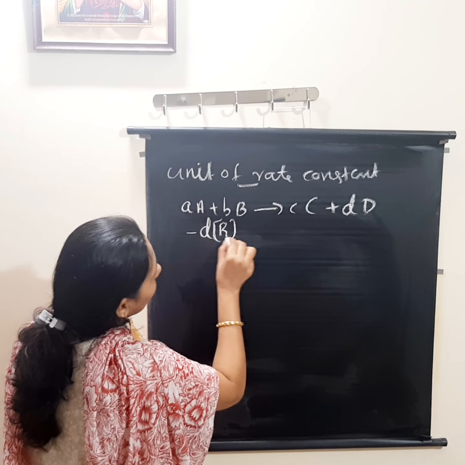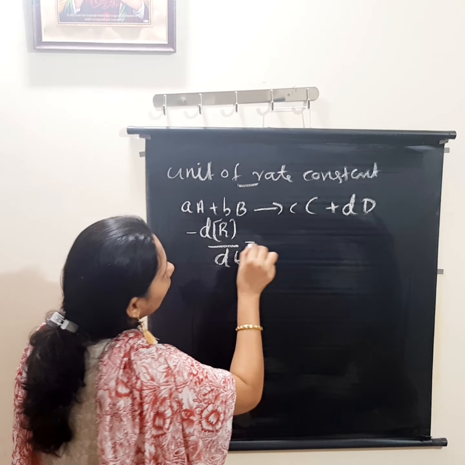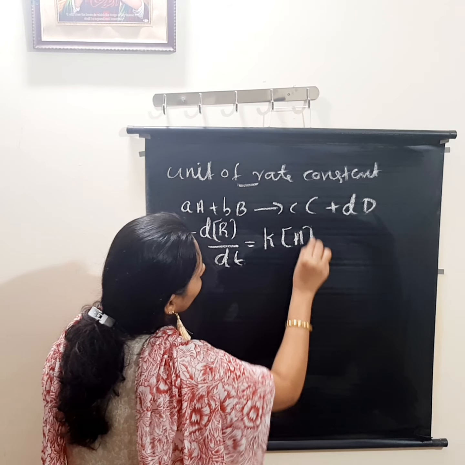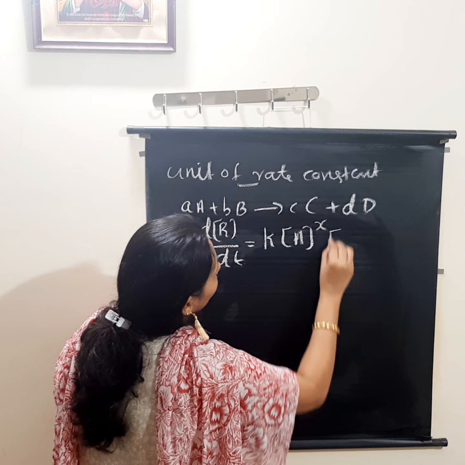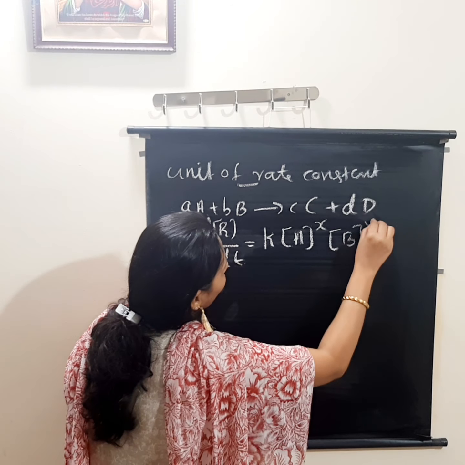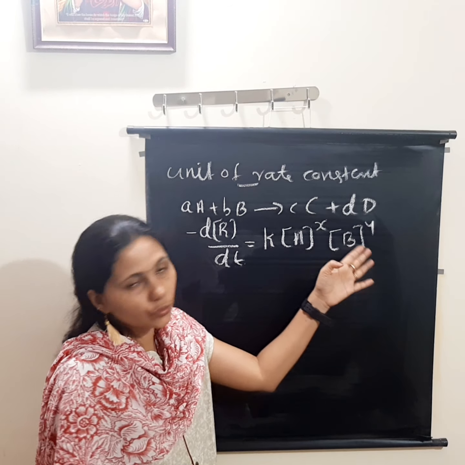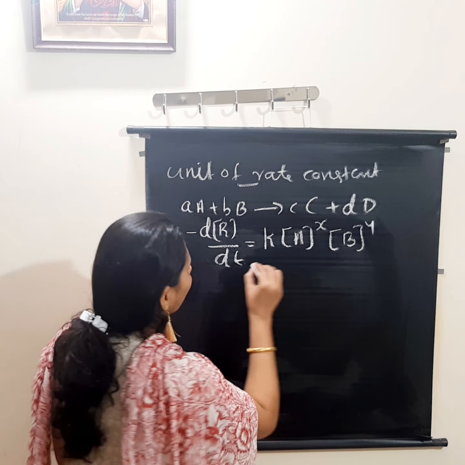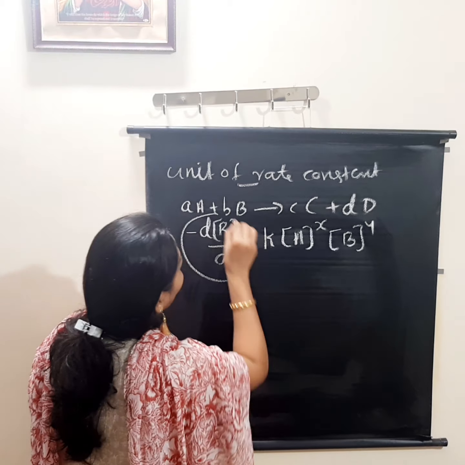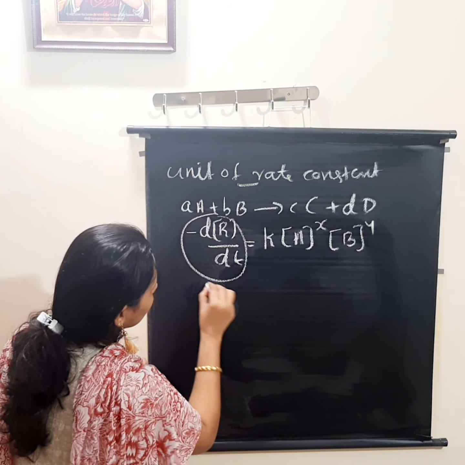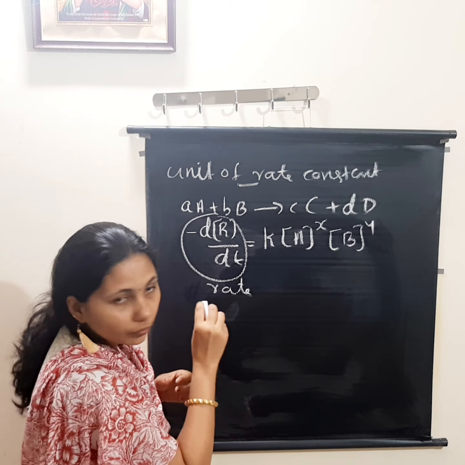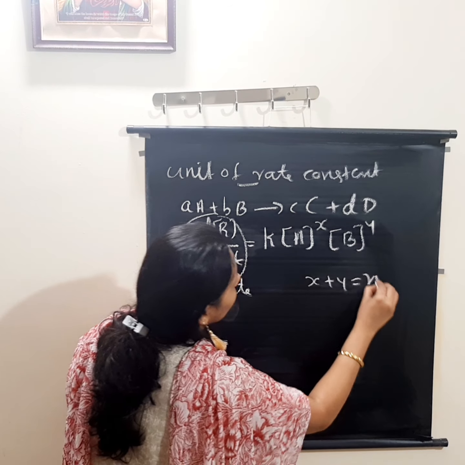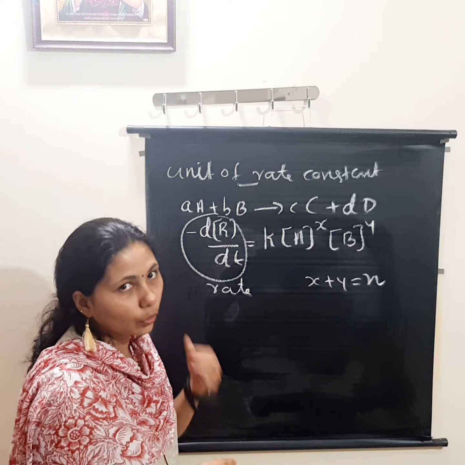Minus dR by dt equal to k into concentration of A raised to x into concentration of B raised to y. Here we know x and y are the exponents. Okay. And we know minus dR by dt equals the rate. And x plus y equals n. n is known as the order of a reaction.